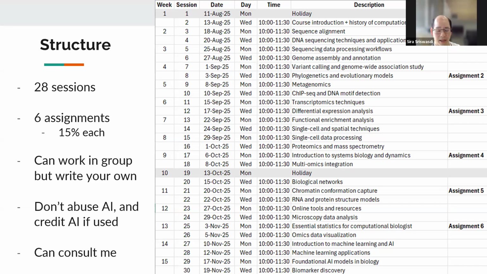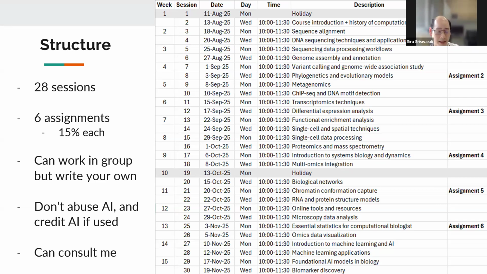We can vote after this if you want the class to change the time. We are still waiting for the room. We have 6 assignments, each taking up 15% of your grade. You have 10% extra: if you come to class, ask questions, or talk to me, that helps toward your grades.